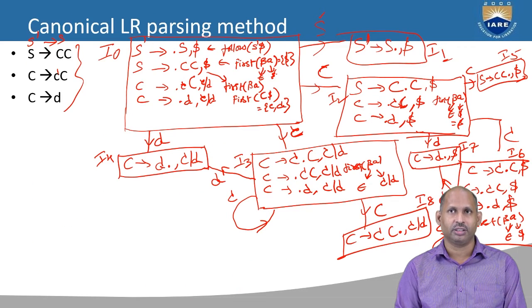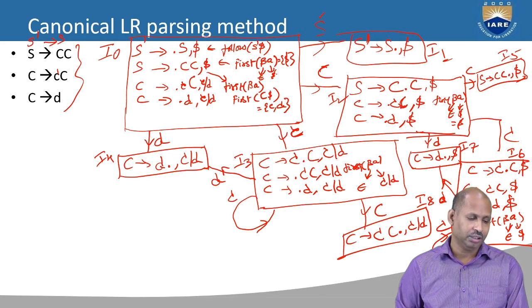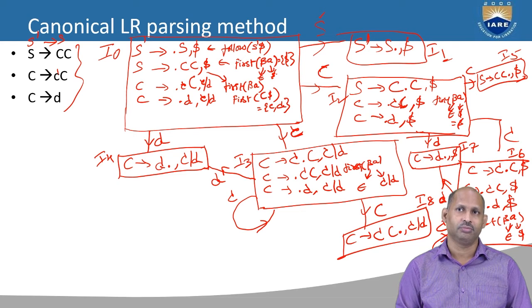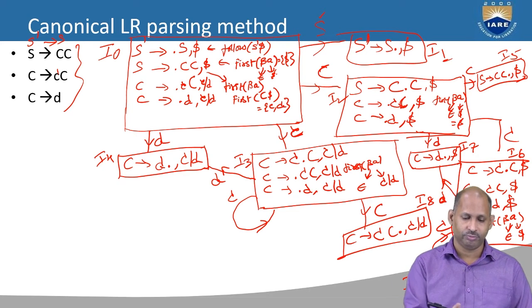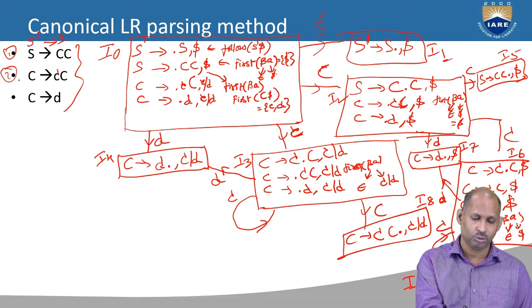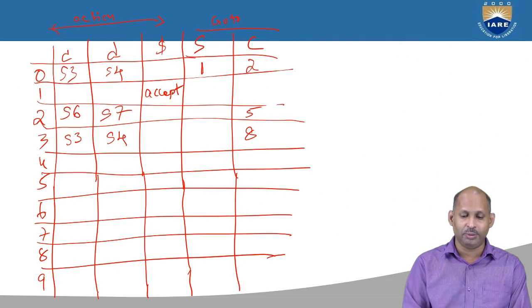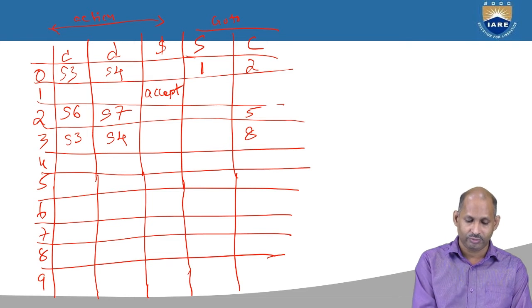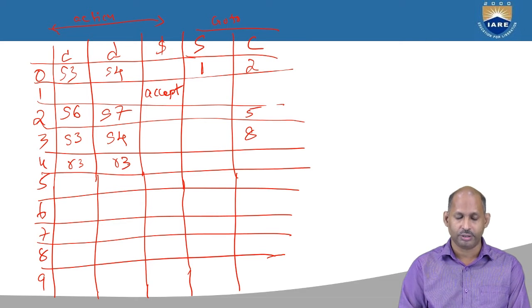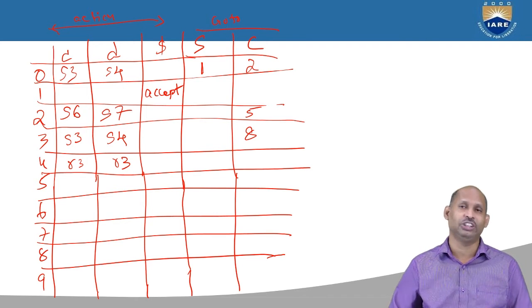Then what is the fourth group? Fourth state, dot at the end. What is the production number? This is 1, this is 2, this is 3 productions. The dot is for which production? Third production. Then what are the lookahead symbols we have? Terminal symbols C and D. In both the terminal columns, write R3, reduce production number 3.